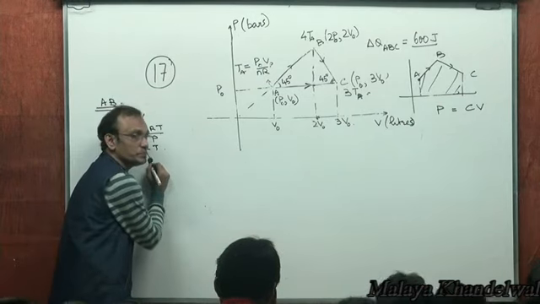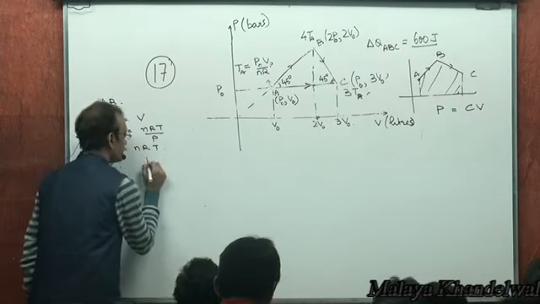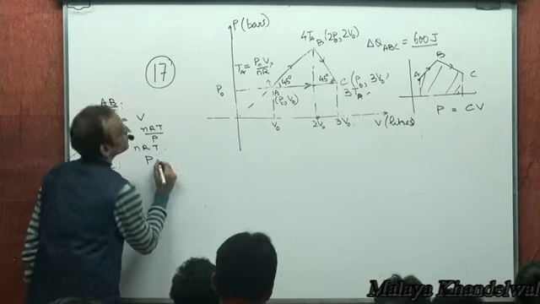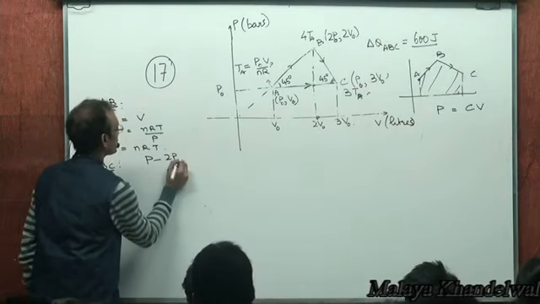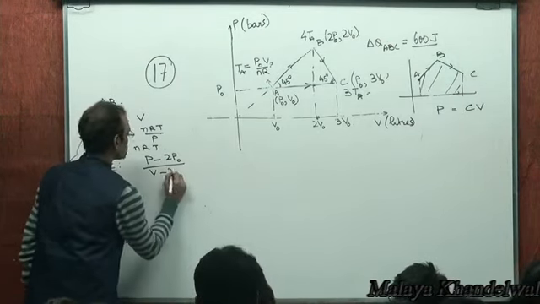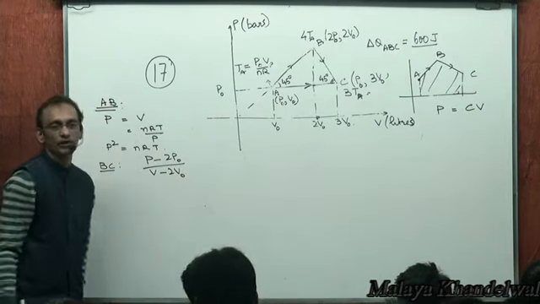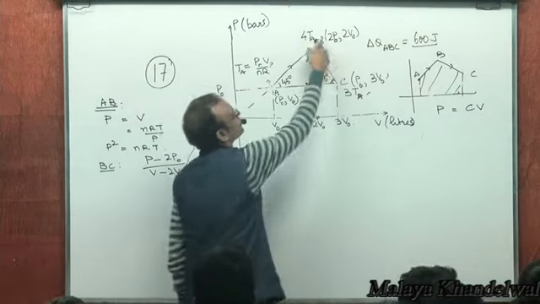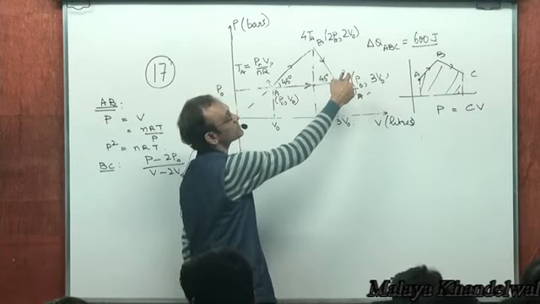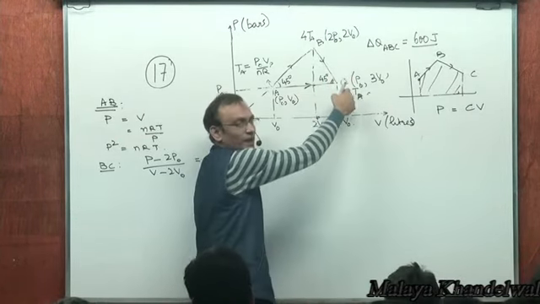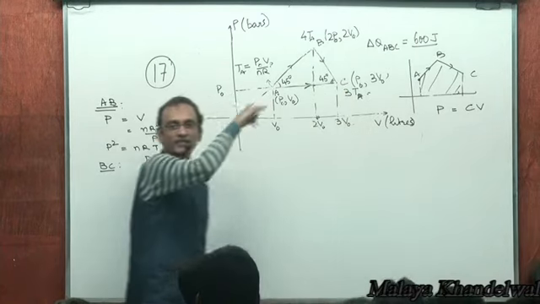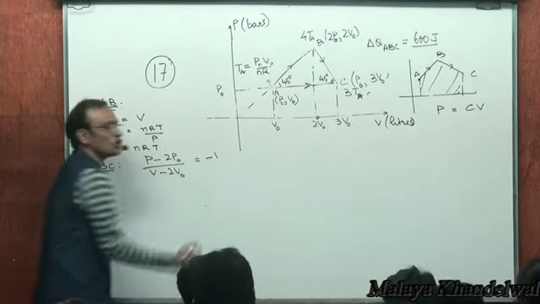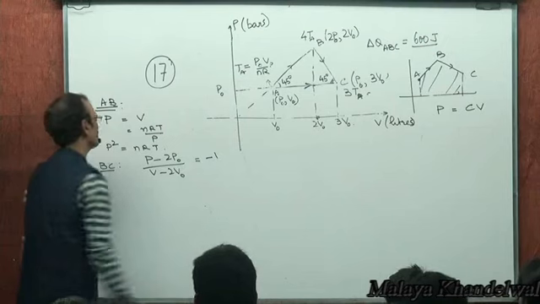P minus 2P naught divided by V minus 2V naught. That's the slope for any point on this, right? What's the slope? Slope of this is minus 1, isn't it? Tan 135 degrees is the slope of this. So minus 1, yes or no?